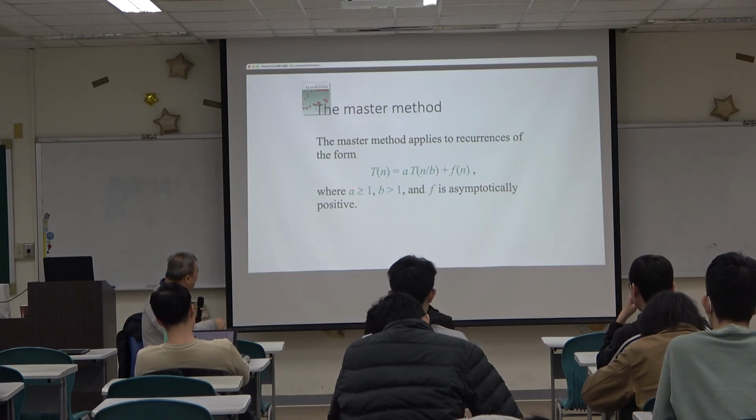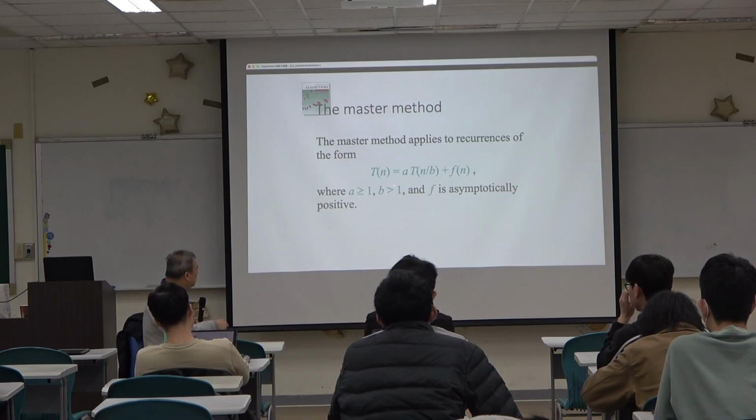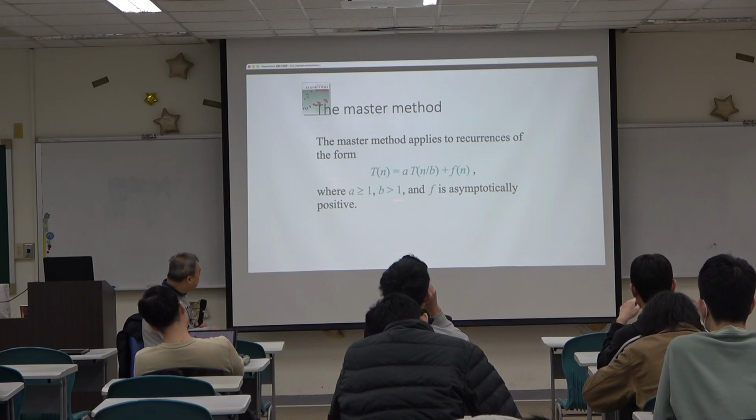Also, a has to be greater than or equal to 1, b has to be greater than 1, and f is asymptotically positive.